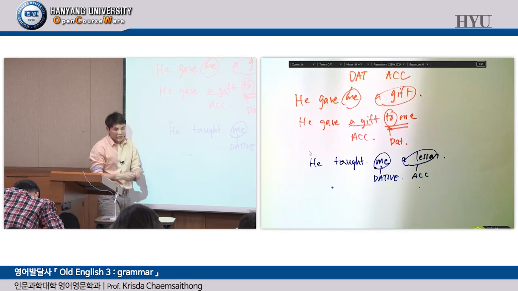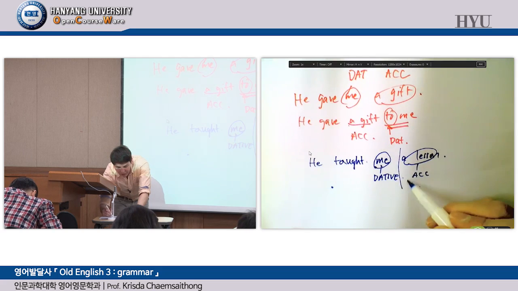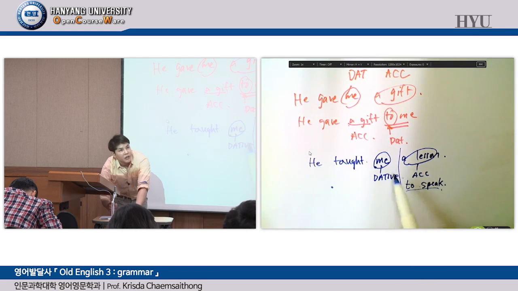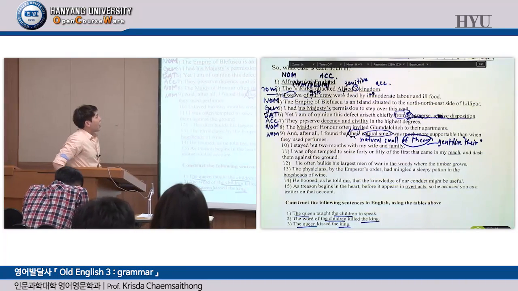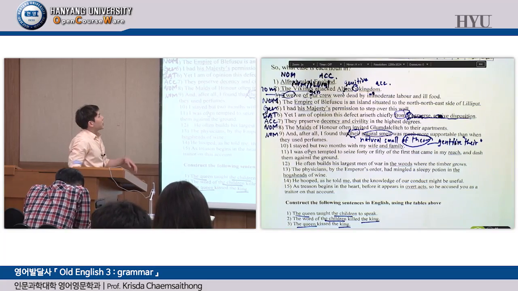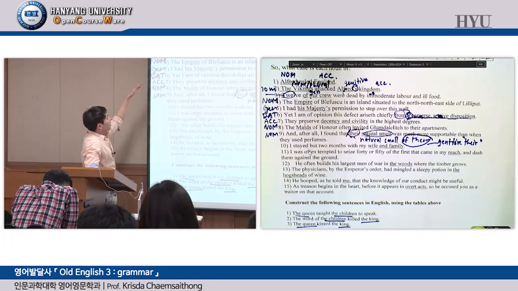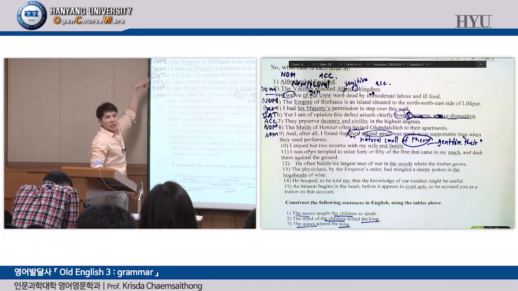It doesn't matter if it's a noun or a verb phrase, like he taught me to speak. Still, me is dative. So number 4 to number 9, we have the answers here.